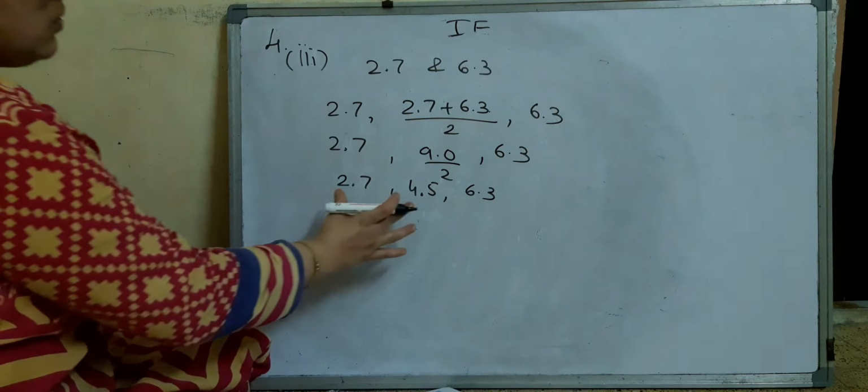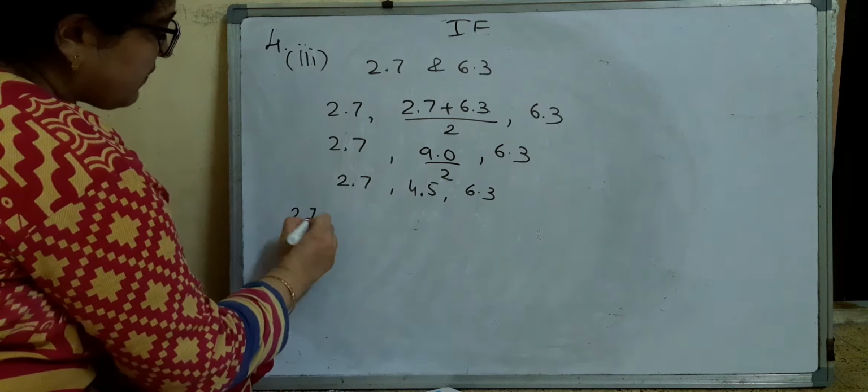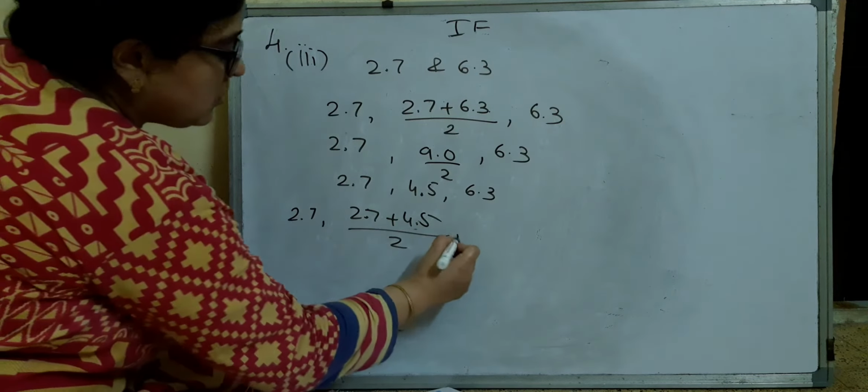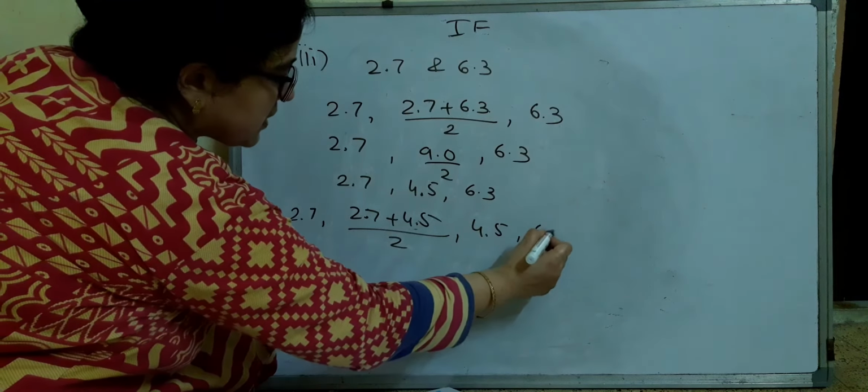Right? Now add these two: 2.7 plus 4.5 upon 2, then 4.5 and 6.3.